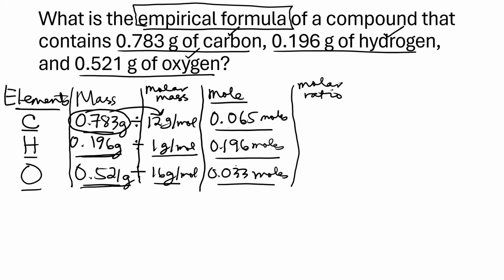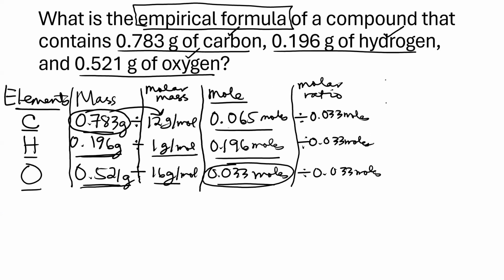Based on this, oxygen got the lowest mole value of 0.033 moles. So we will be dividing all mole values by that, so that we'll be able to get the mole ratio of the elements in the compound.